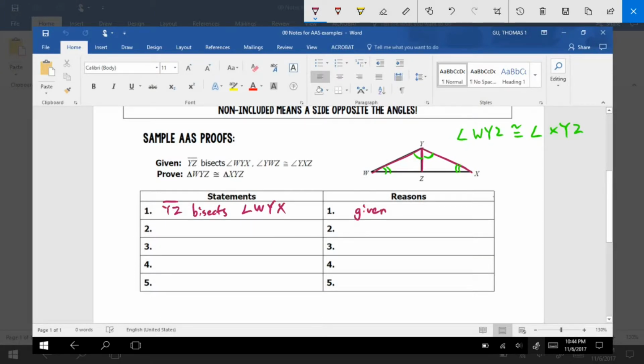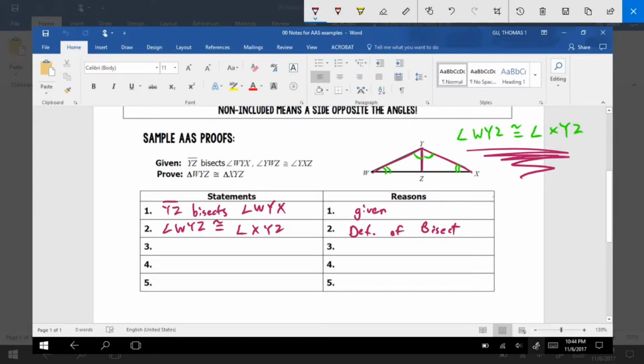That's because, as I wrote right here, it shows us that these two angles are congruent because they have been bisected. So, angle WYZ is congruent to angle XYZ, and that is the definition of bisect. The only reason they tell you something like bisecting is because they want you to know that two parts are exactly equal or congruent.